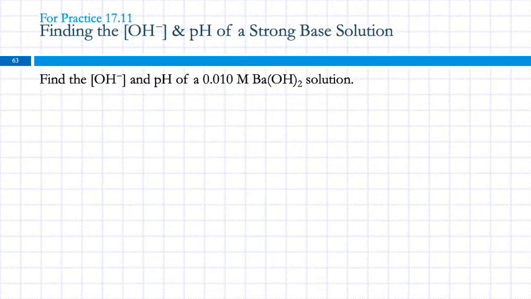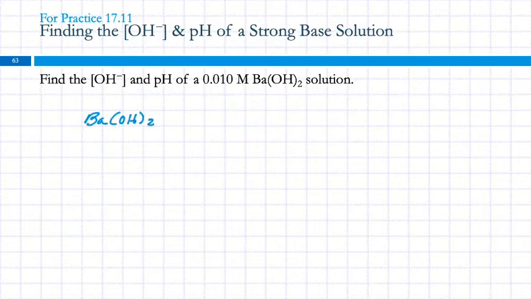Here's an example. This is a strong base. Find the hydroxide ion concentration and the pH of a 0.010 molar barium hydroxide solution. So it might be helpful to write the equation for this forming hydroxide ions.